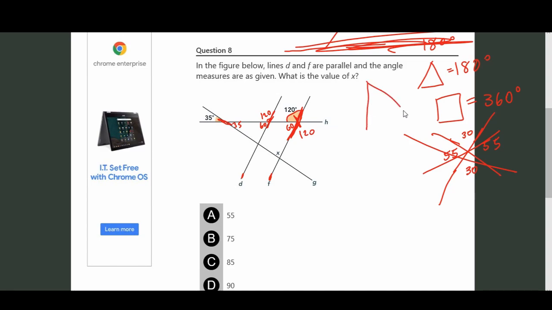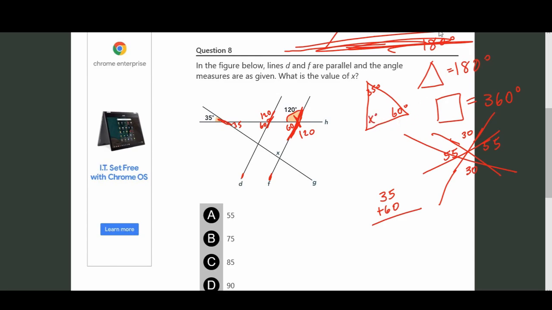Let me try to draw it for you. And we have 35 degrees there and 60 degrees here. As I mentioned at the beginning of this problem, all triangles add to 180 degrees. So we have 35 plus 60. And we want to know what this angle is going to be.